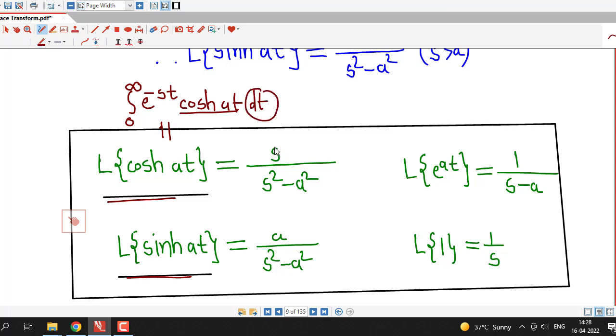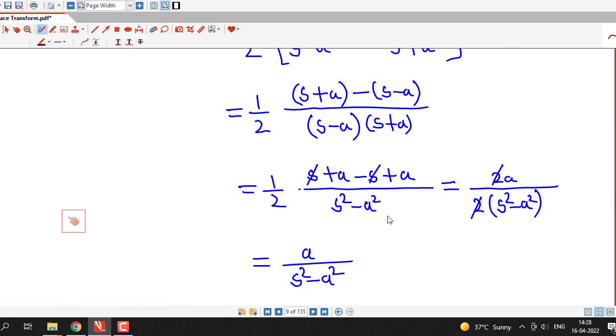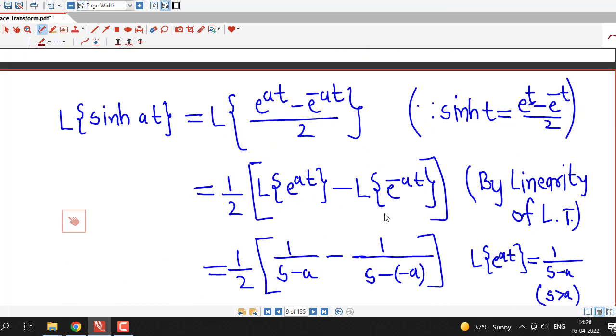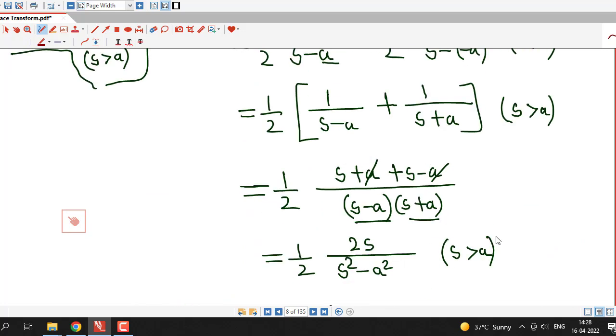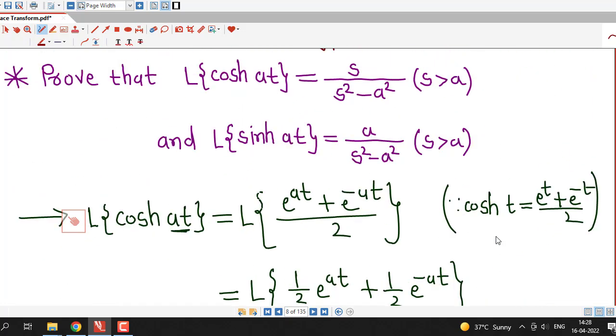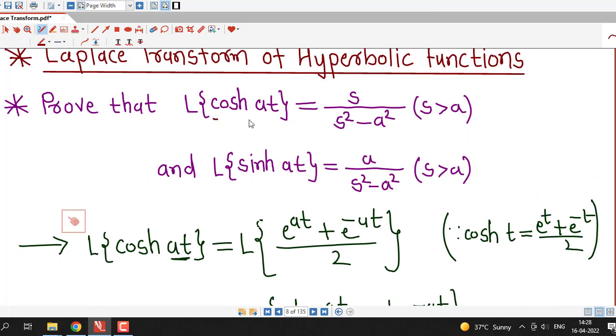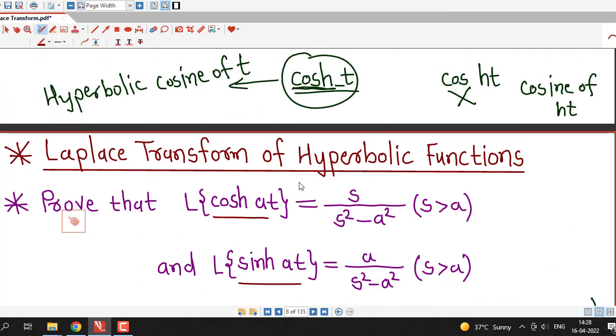So in that way also you can derive the same formula. We have used the linearity property and this formula of the Laplace transform of the exponential function to derive these 2 formulas for the Laplace transform of hyperbolic functions.